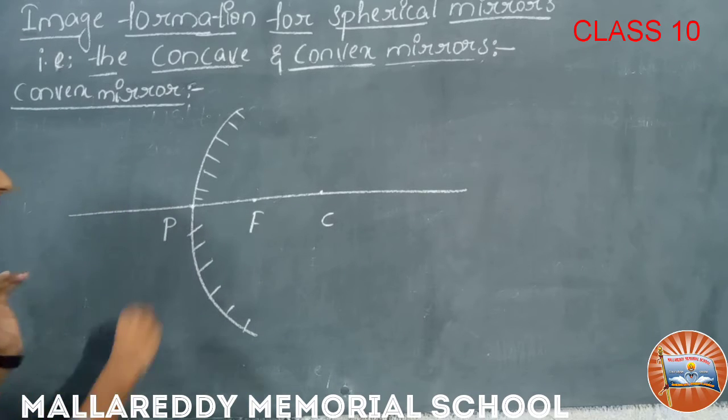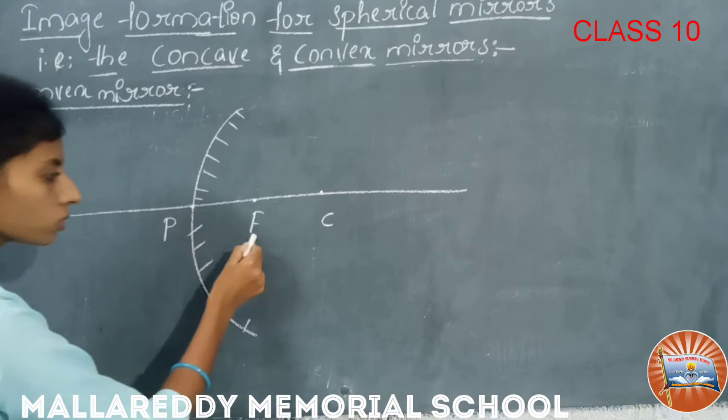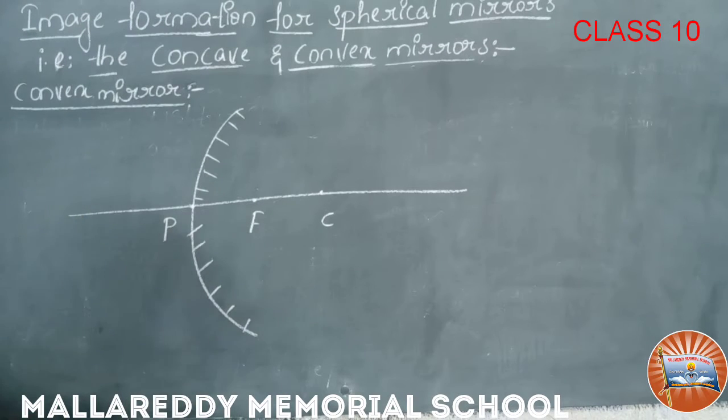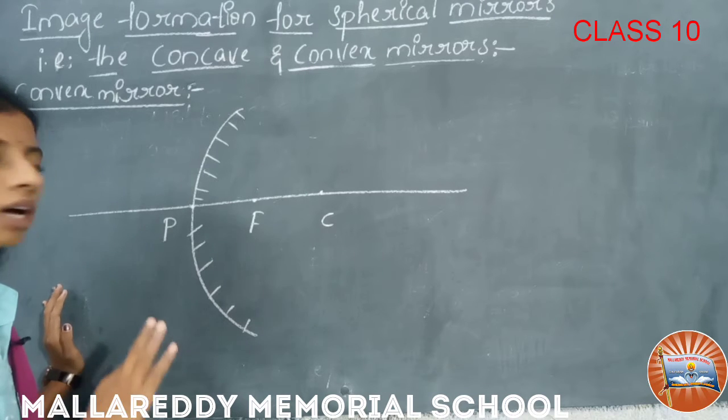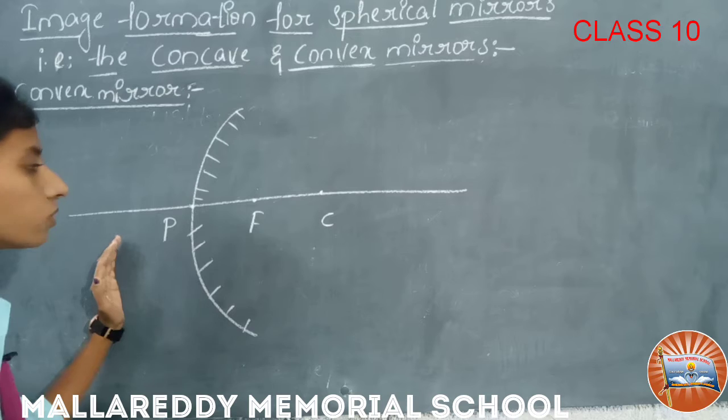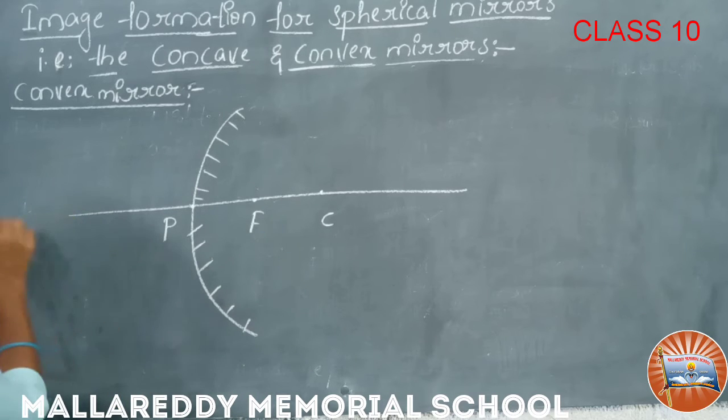Always take equal distances from pole to focus and focus to center of curvature, right. To draw the ray diagram we follow 2 of the rules.